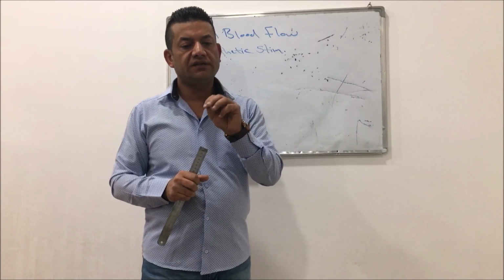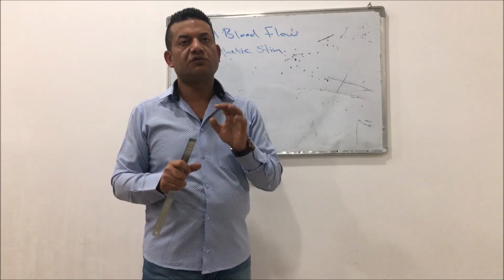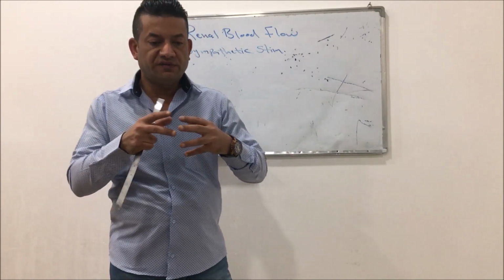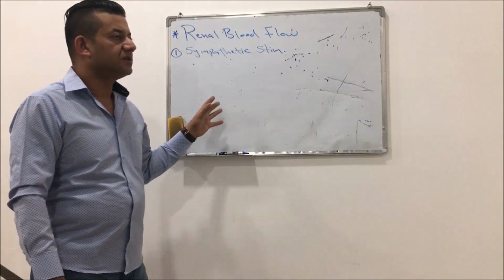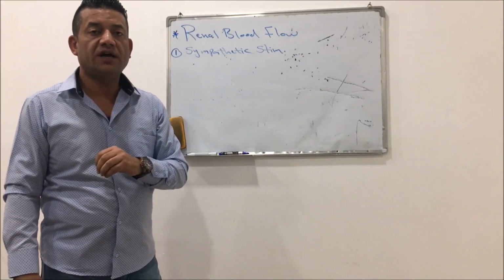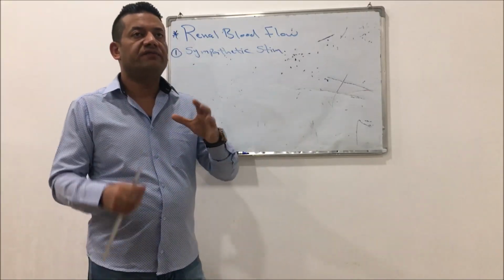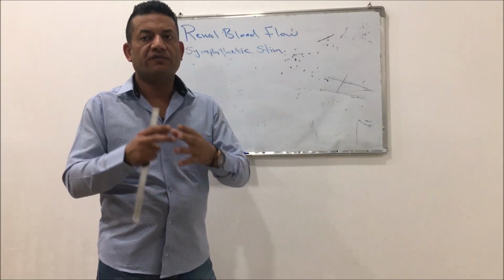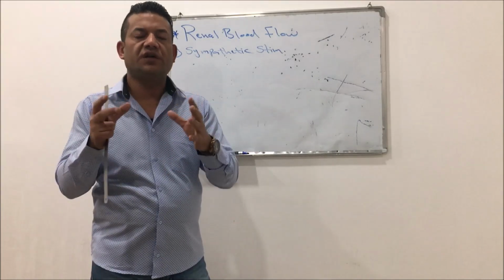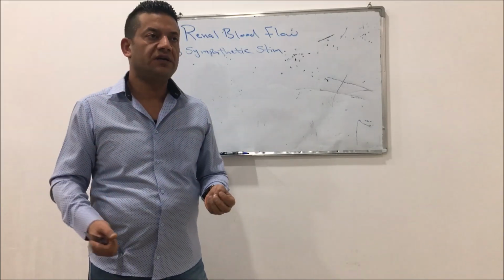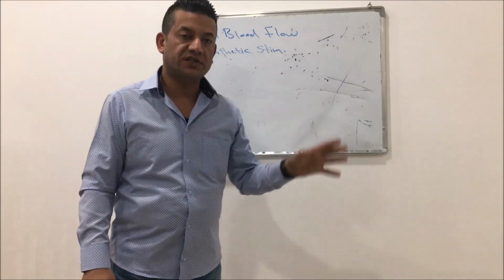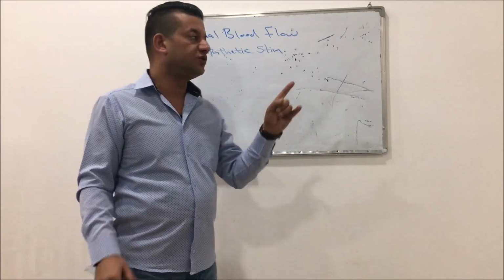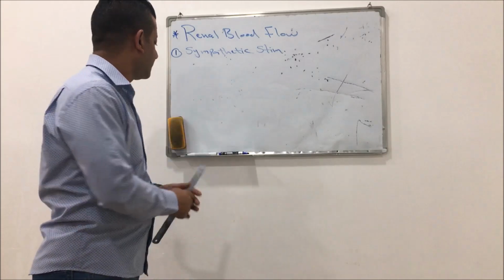And these sympathetic nerve endings will cause what? They will cause vasoconstriction of the arterioles of the glomeruli of the kidney. So the vasoconstriction of the arterioles of the glomeruli will affect the glomerular filtration rate and reabsorption. So this is the first factor.